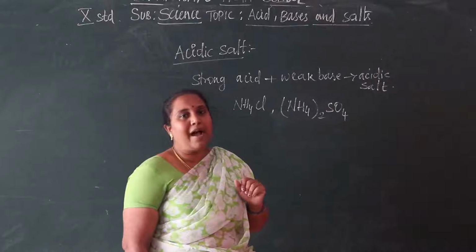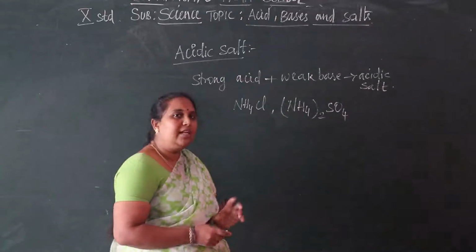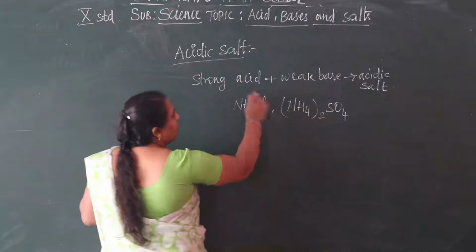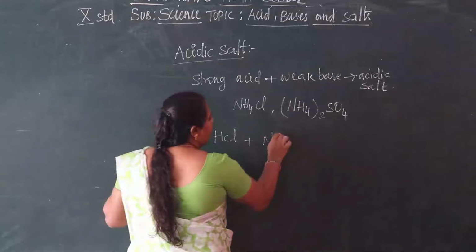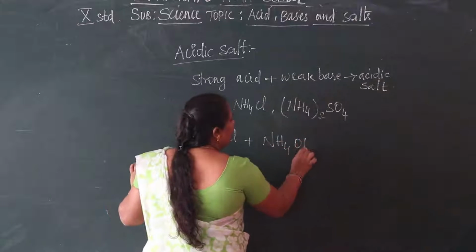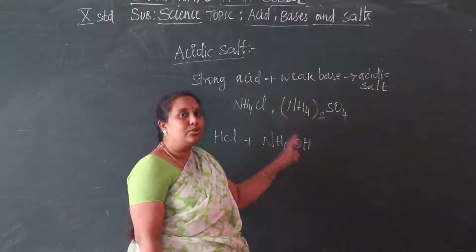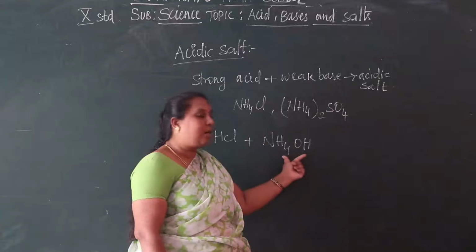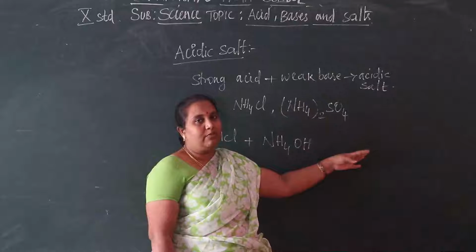Ammonium hydroxide is a weak base. The strong acid is HCl, plus ammonium hydroxide, NH4OH. Children, first you must learn the molecular formulas. Without knowing the molecular formulas, we can't form the equation.